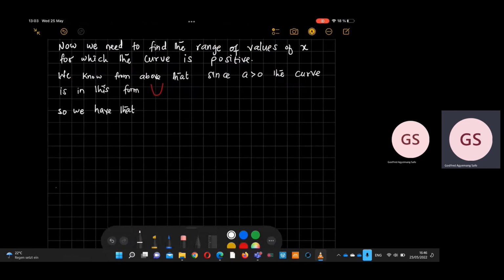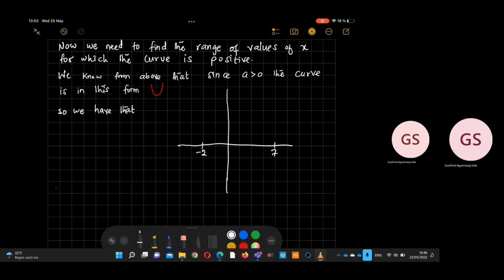So when x is less than -2 and x is greater than 7, it's positive. So let's draw the curve here once again, because we know that the coefficient a is greater than 0. Then the curve is in this form. So we have that the curve will pass through -2 and +7. Okay.